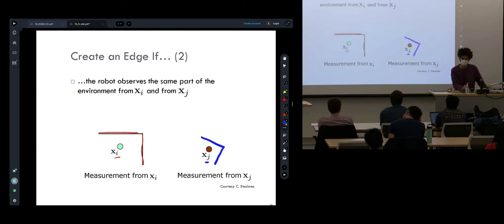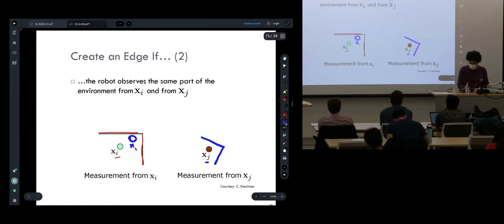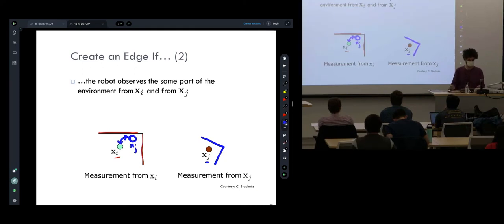Now, this node xi and xj are not the same place, right? Maybe xj is here. However, the sensor is observing the same area. There must be a relationship between these two, given the overlap in the sensing.